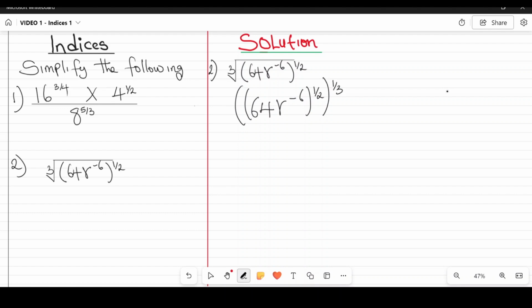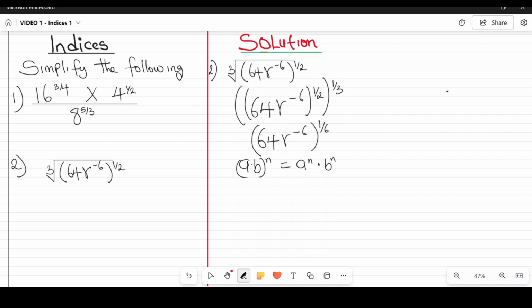Now the next thing we do is to multiply the powers. If we do that, we have 64 times r to the negative 6, all raised to the power of 1 divided by 6. In our laws of indices, we know from the product power law that a times b, all raised to the power of n, is equal to a to the n times b to the n.